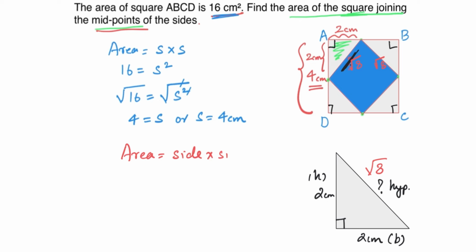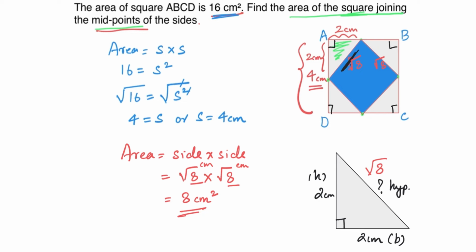Now we're finding a new area here. We'll substitute the side value in this formula: square root of 8 times square root of 8. When we multiply the square root of the same number, the square root will be removed. We just get the number, which is 8. And the units will be centimeters squared. So the area of the new square formed by joining the midpoints is 8 centimeters squared.